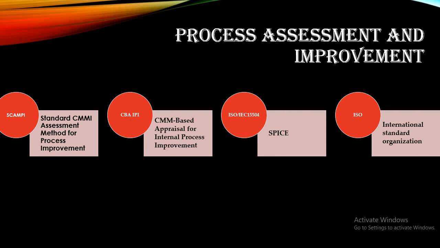The last one is International Standard Organization, and this standard can be applied to any organization that wants to improve the overall quality of the products, systems, or services that it provides. So that is what is called International Standard Organization.